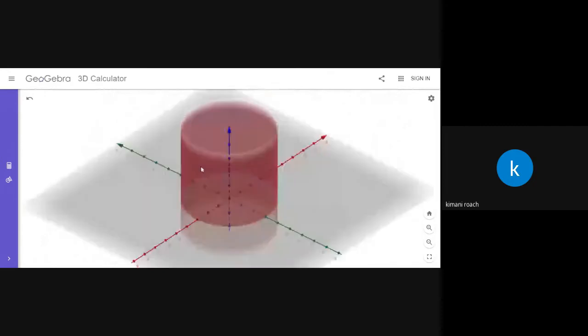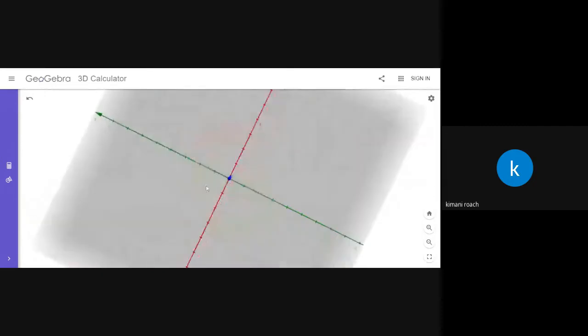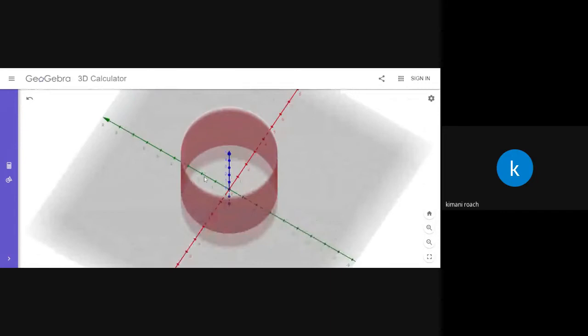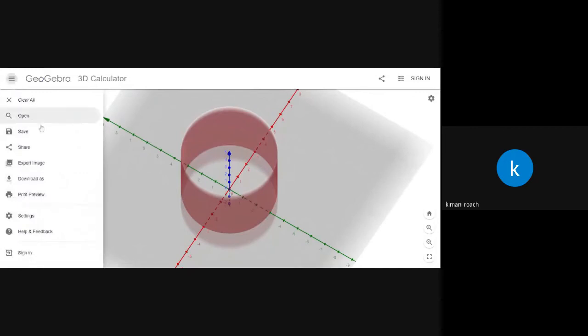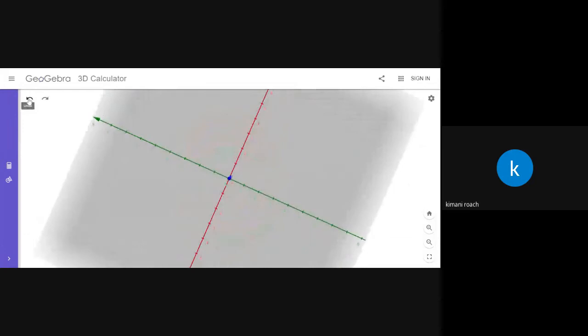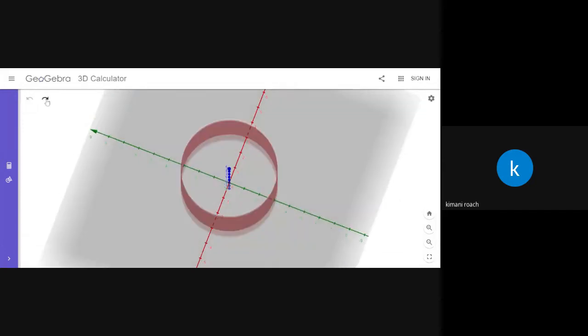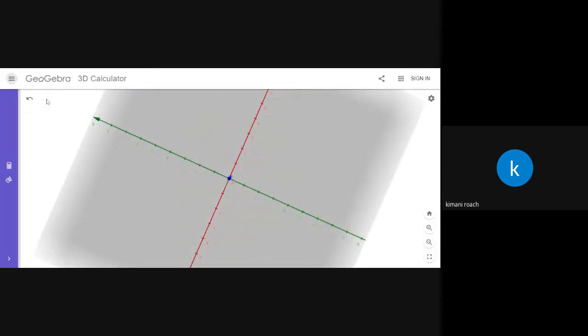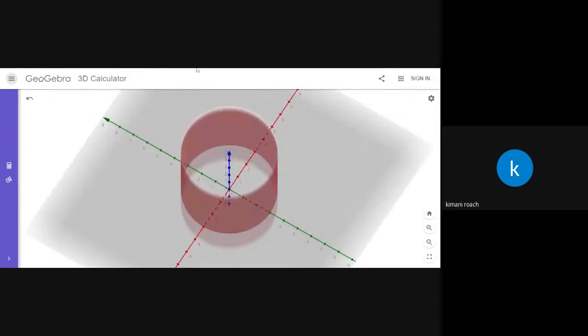From here, you could pick up the center of our circle and so on. Let me put that in 2 dimensions so that you can see more clearly what it is that we are talking about.